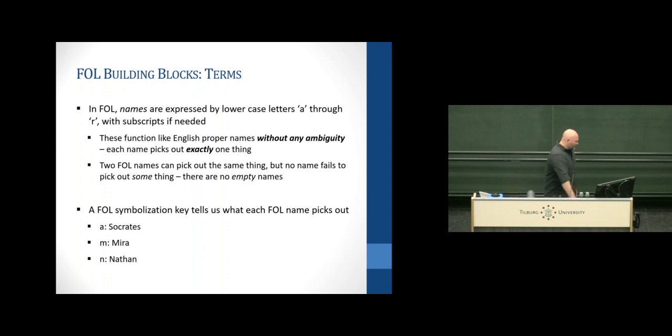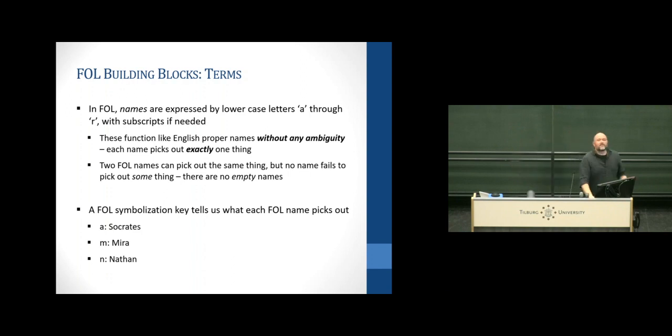Here, at least part of an FOL symbolization key is going to tell you what names map to certain objects. So for example, right, we've got lowercase a picking out Socrates, lowercase m for Mira, and lowercase n for Nathan. So far, so good. That's our first little bit.